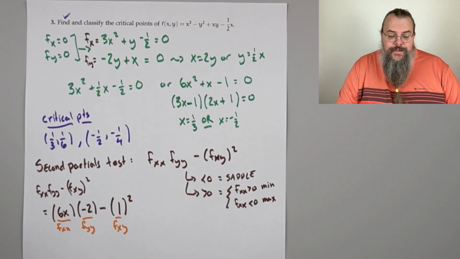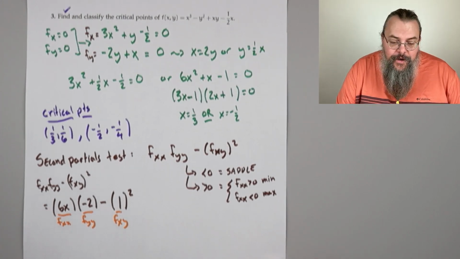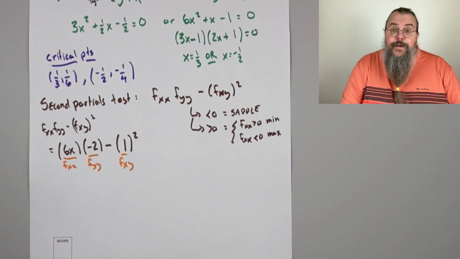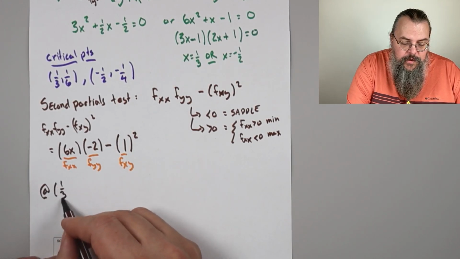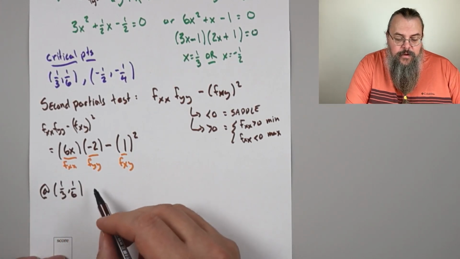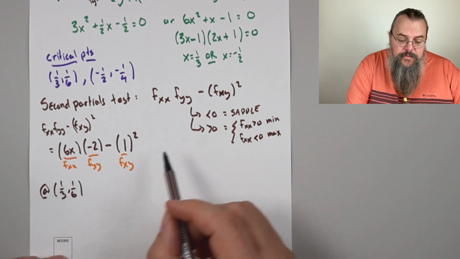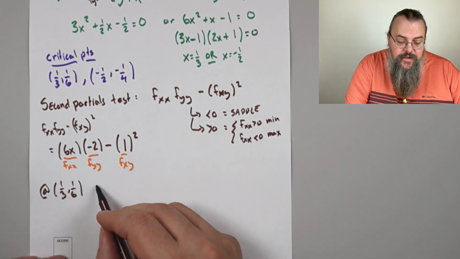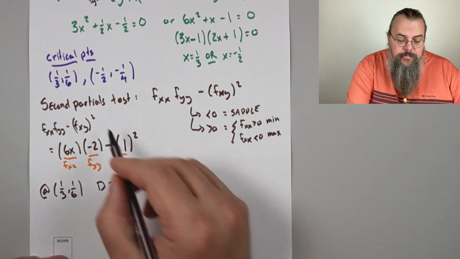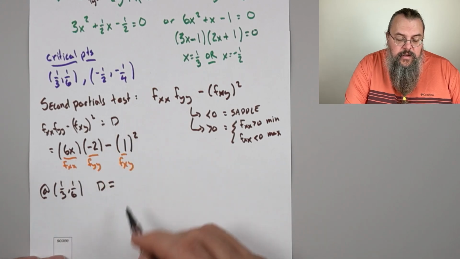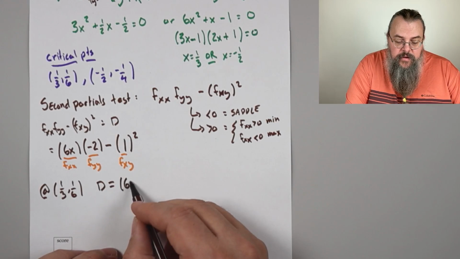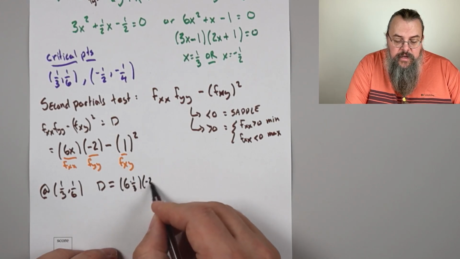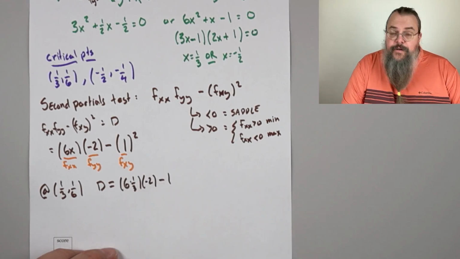Now, what next? Well, we plug in. All right, so here we go. At 1/3, 1/6, we have that this expression, and oftentimes this is called the discriminant, so we'll call it D. This is 6 times 1/3 times -2 and subtract 1.